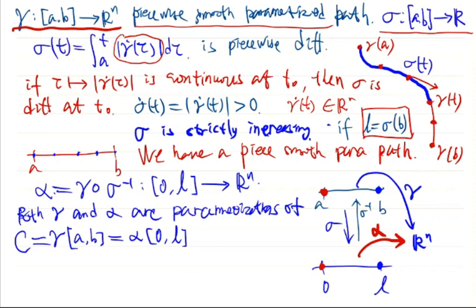The curve alpha is a parametrization of C by arclength. Why is it a parametrization by arclength?